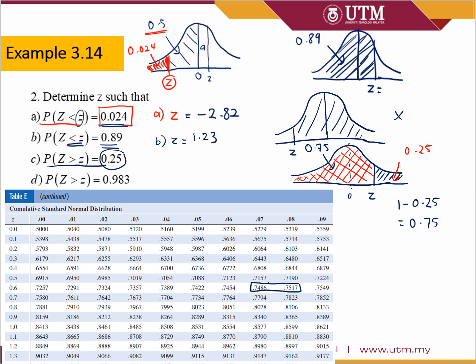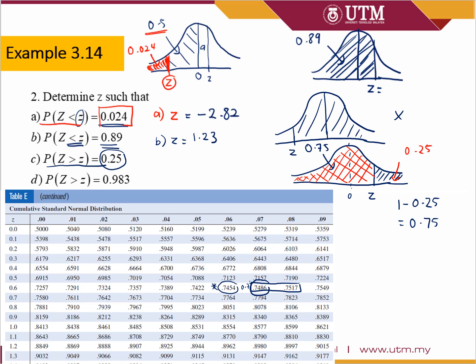So I will choose 0.7486 because the difference is just 0.0014, compared to this one, which is 0.0017. But what about this one? What is the difference to 0.75? This one is larger compared to 0.7486.